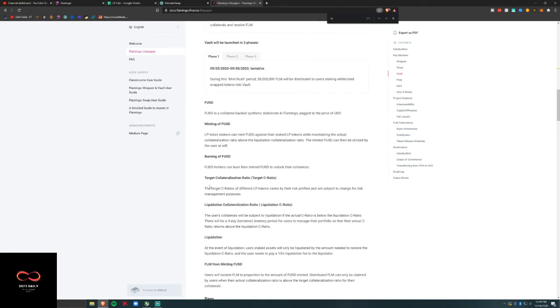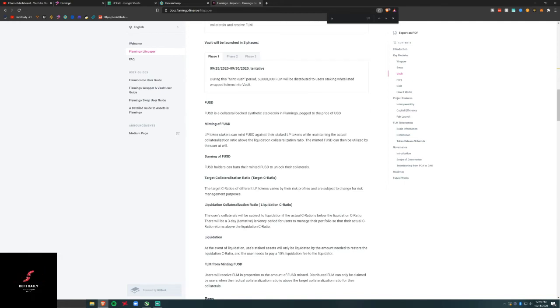Each of these will be allowed to generate a certain number of FUSD tokens based on the liquidity pool that you have backing them. The riskier the liquidity pool token, FLM Neo being the most risky, the lower the collateralization you'll be able to have, and the less FUSD you'll be able to mint for each given dollar value at that time.